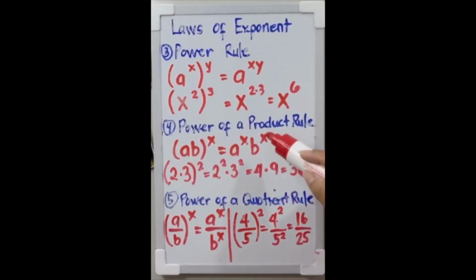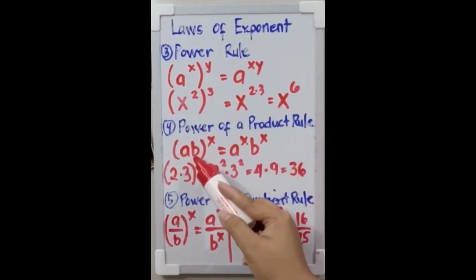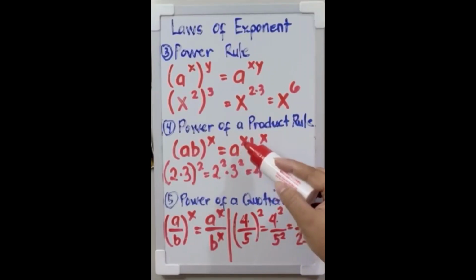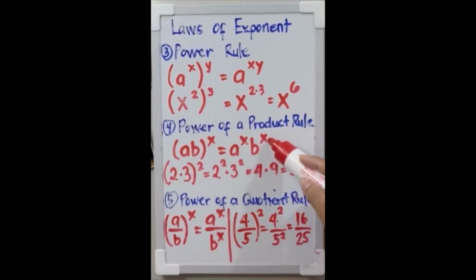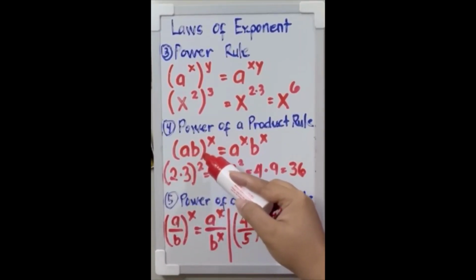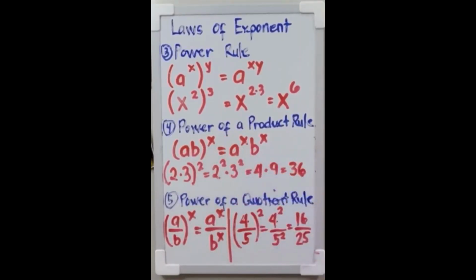Now we have number 4, the power of a product rule. So we have the quantity ab raised to x equals a raised to x, b raised to x. So each number or letter here will carry the exponent.